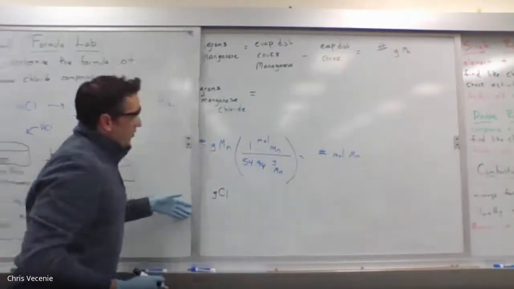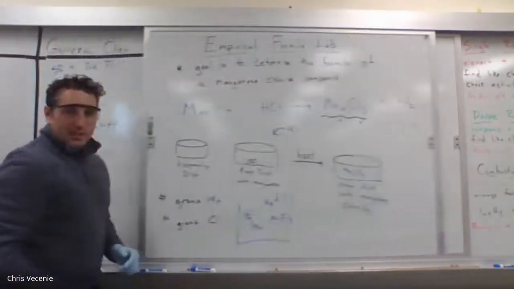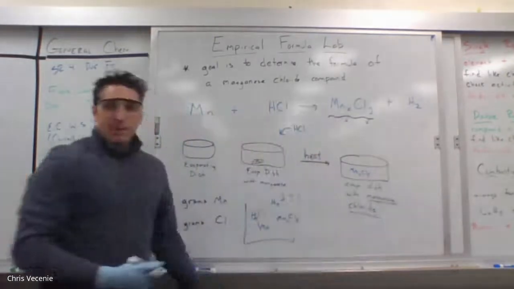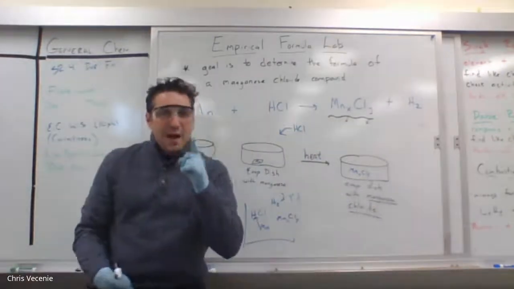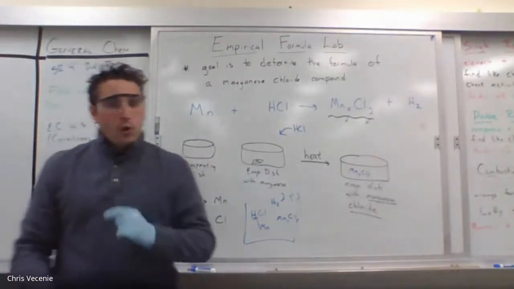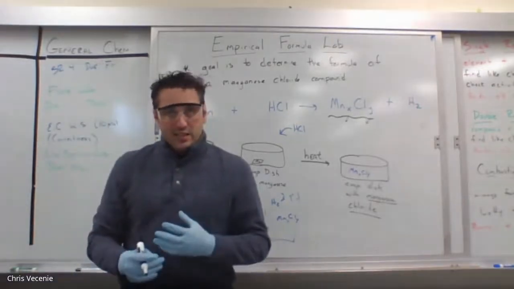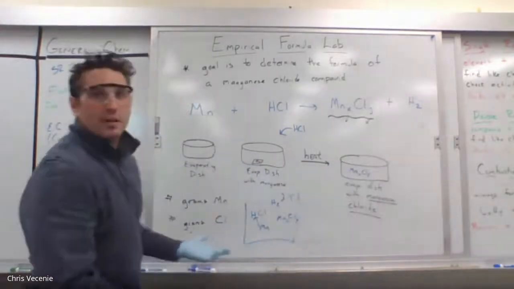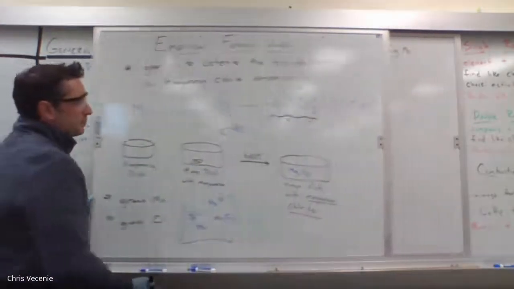All right, so the only place we have the manganese chloride is here at the end of the experiment. That's what's going to be in my dish when we're all done, right? The manganese chloride. But when I weigh it, the dish and the cover's weight is going to be attached to it.